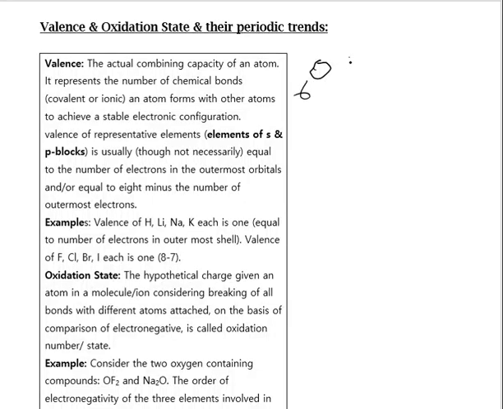Its configuration is helium 2s2 and 2p4. So altogether the number of electrons in the valence shell is 6.